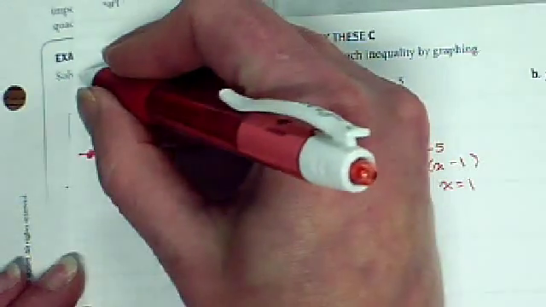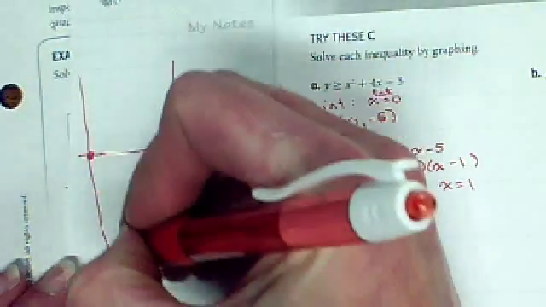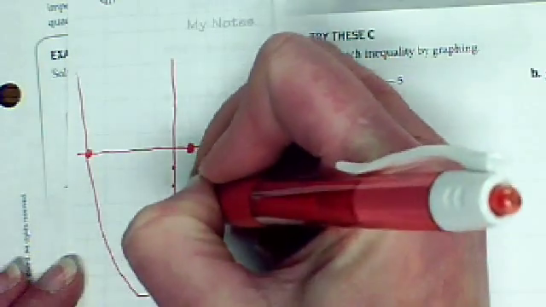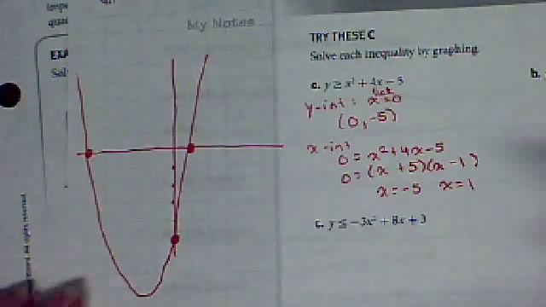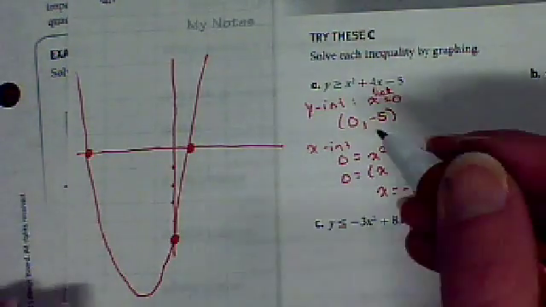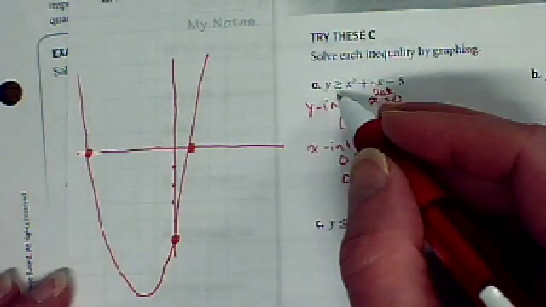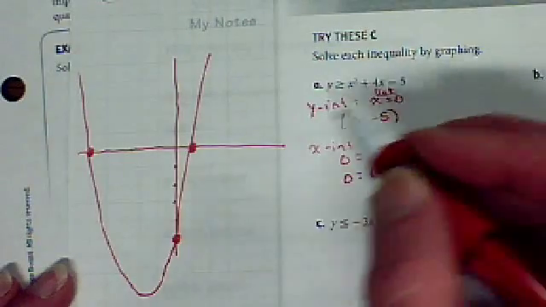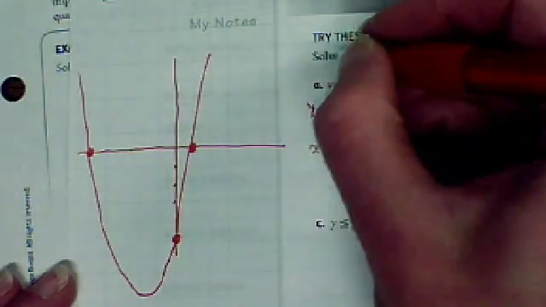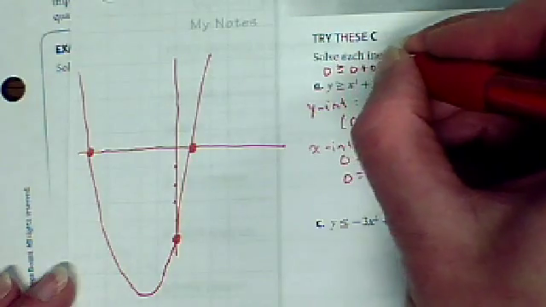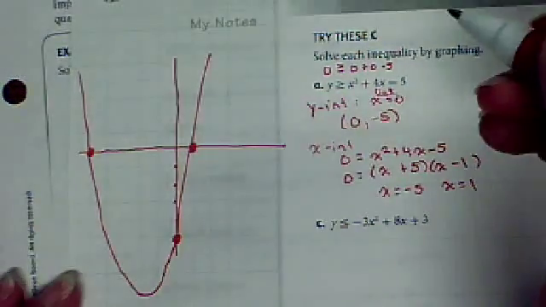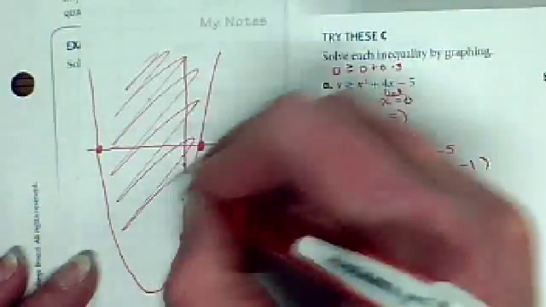This is going to be a solid graph. And are we going to shade above it or below it? Well, greater than means probably above, but we can check it by plugging in 0, 0. Is 0 greater than or equal to 0 plus 0 minus 5? It is greater than negative 5, so we would have shaded up here.